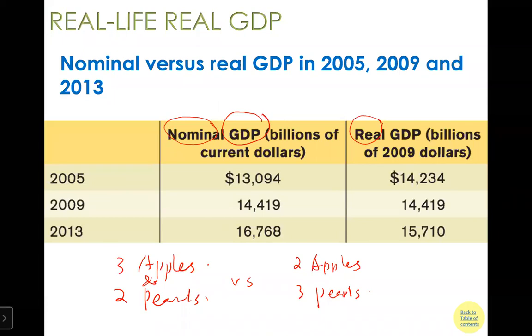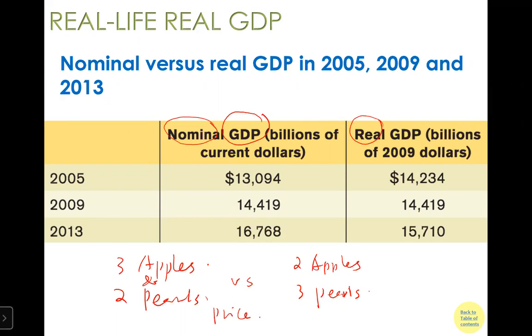Now the question is how we are going to compare these two economies, in the sense of how we are going to add apples with pears. That's why we need to look at the price of apples and pears, and then we calculate the market value of the goods and services. Here is apple versus pear that we produce, and then we can compare.